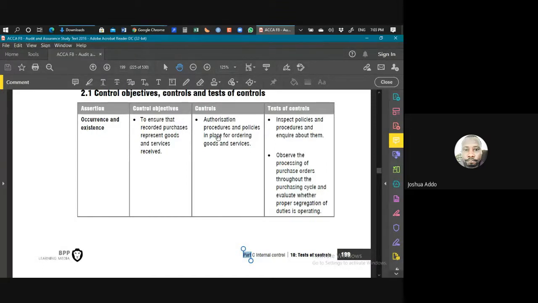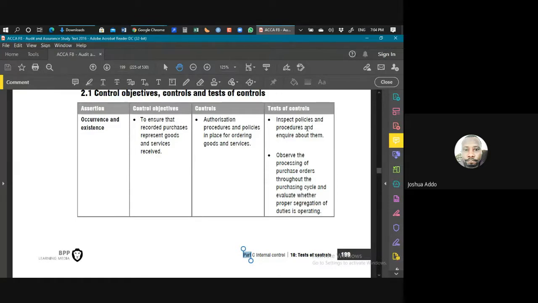When I talk about the controls, I will match each with what audit procedures the auditor would employ to test whether that control is there or not. Those audit procedures are also referred to as tests of controls. So if the auditor wants to check that authorization procedures are in place, this is what he can do: inspect policies and procedures, inspect policies about authorization.